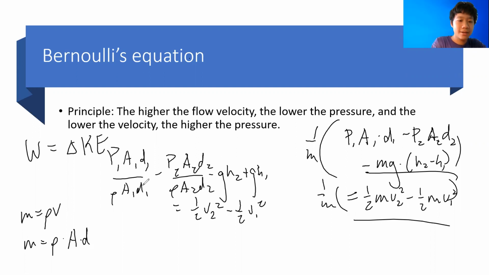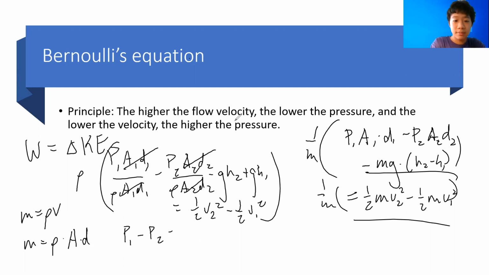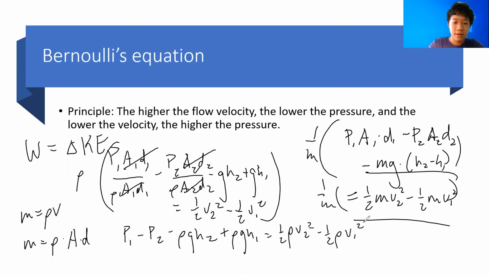Oh, and look at that. These cancel out. Now let's multiply everything by rho. We're going to have P1 minus P2 equals minus rho g h2 plus rho g h1 plus 1/2 rho v2 squared minus 1/2 rho v1 squared. So now I'm going to rearrange it so that we get all the components with a 1 on one side and all the components with a 2 on the other side.